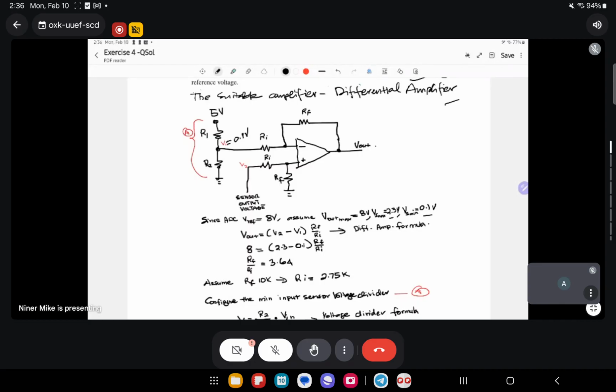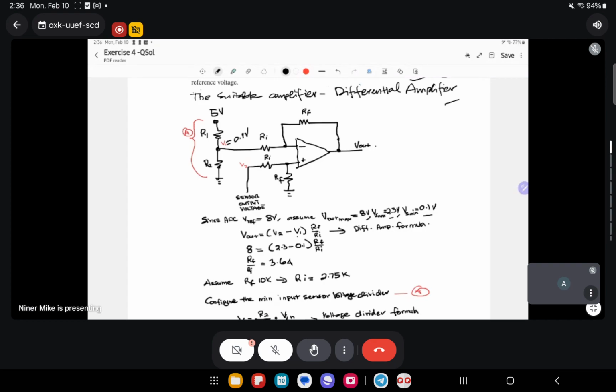The formula is very simple: Vout equals (V2 minus V1) times RF over RI. RF over RI is the gain, and V2 minus V1 is the difference between the input and the offset voltage. V1 is the offset voltage, V2 is the voltage of the sensor.